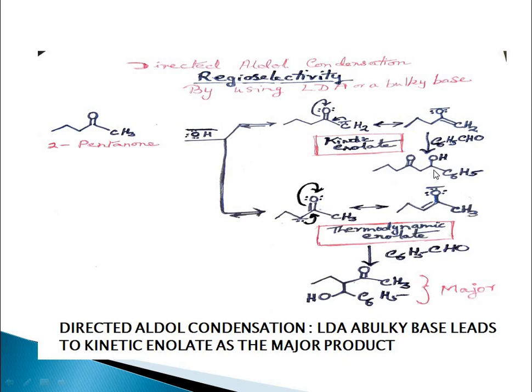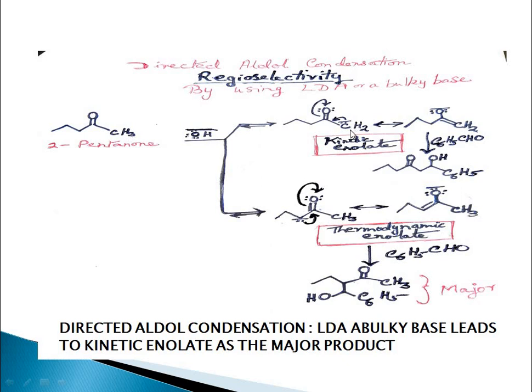So how do we control the reaction? We are now directing it, as we did earlier in diastereoselectivity. Here we are directing it how? We choose a bulky base like LDA, lithium diisopropylamide. The bulky base will not be able to attack at this position, so it can only extract an H positive from this end.